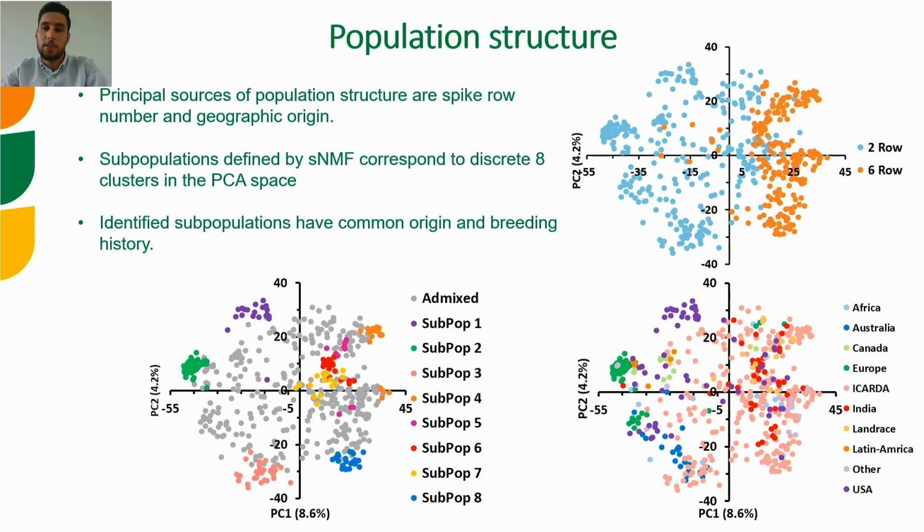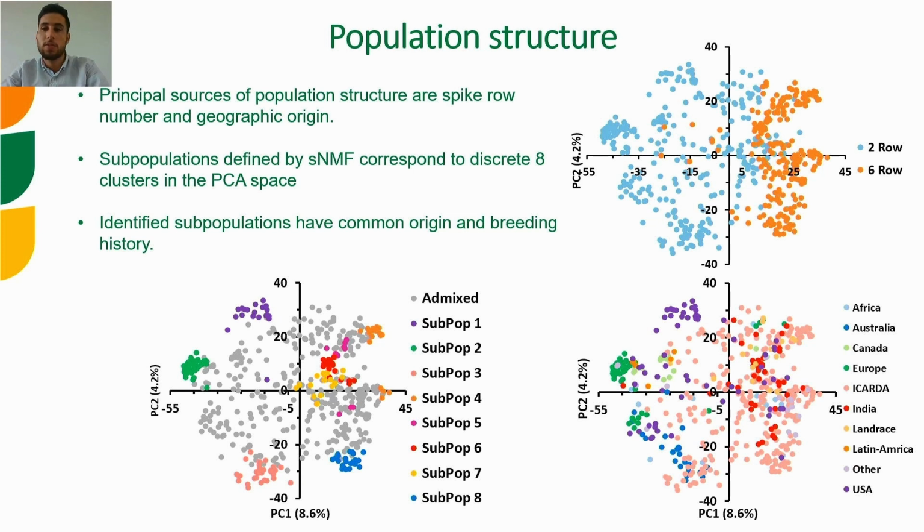It is generally agreed that the principal sources of structure in diverse collections of barley germplasm are spike row type, growth habit, and geographic origins. The results obtained through population structure, principal components analysis, and neighbor joining clustering analysis confirmed this separation and indicated 8 major sources of diversity.